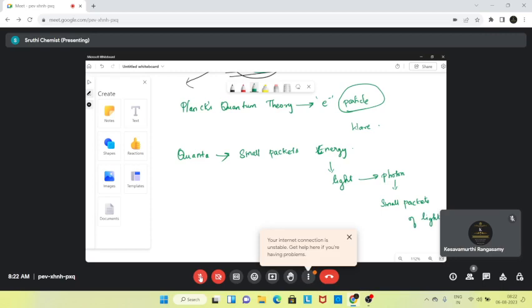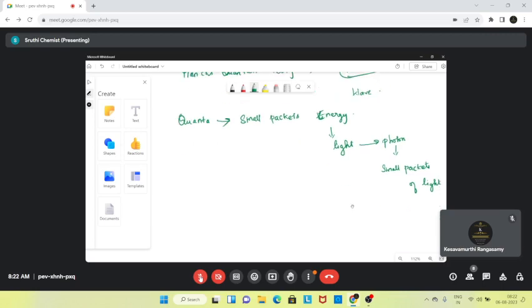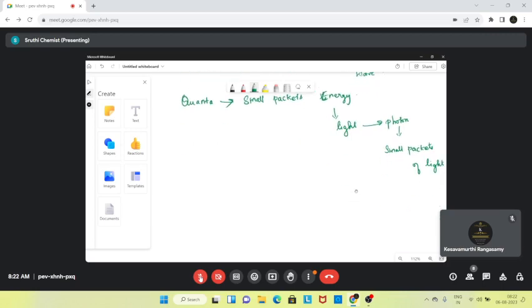There are many forms of energy, and energies travel in small packets. All the small packets are called quanta. If the energy is light, then the small packet of light is called a photon. So based on these photon experiments, he is going to explain the particle nature of electrons.